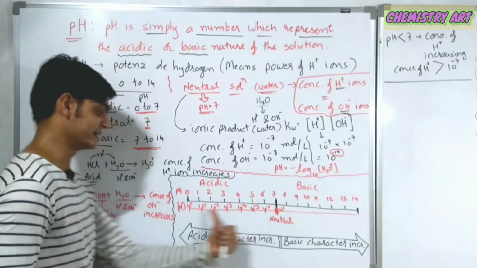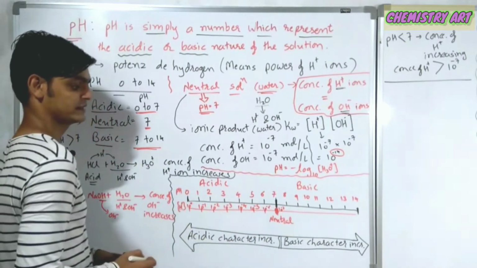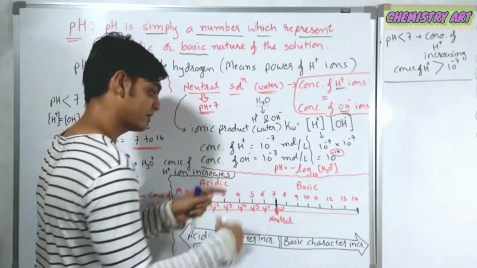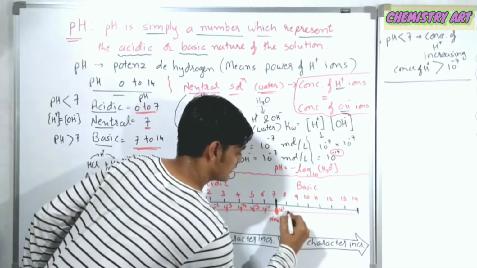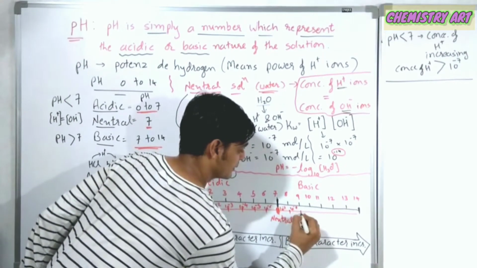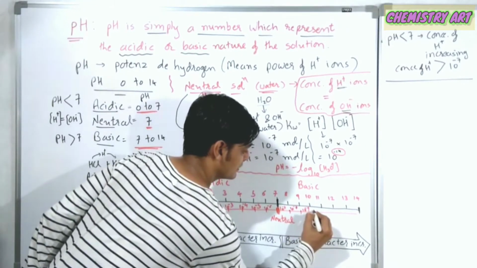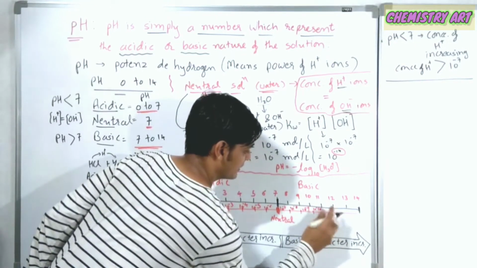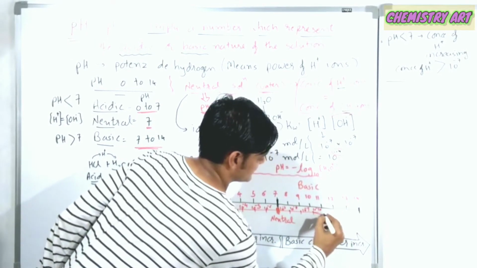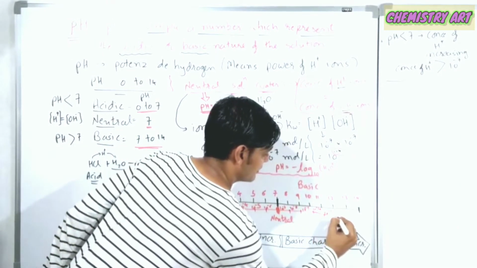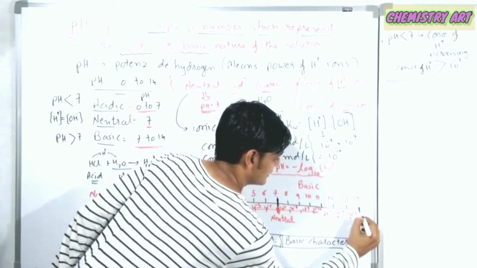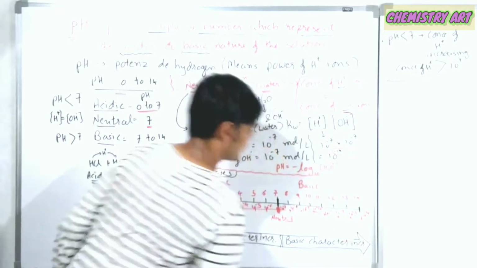So the concentration of H plus is increasing on this side, and on that side it is decreasing: 10 to the power minus 8, minus 9, minus 10, minus 11, minus 12, minus 13, and 10 to the power minus 14.